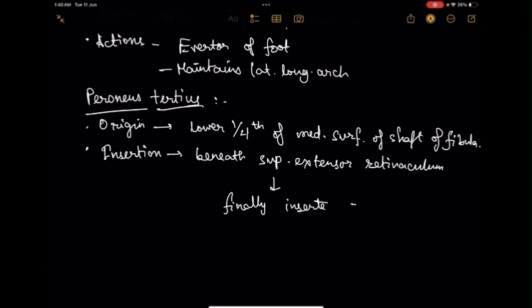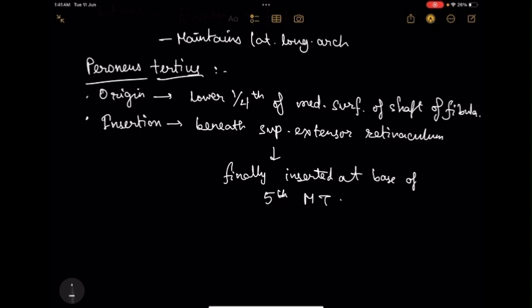Inserted at the base of the fifth metatarsal. Finished. What are its actions? Dorsiflexion of ankle joint and weak everter of foot.